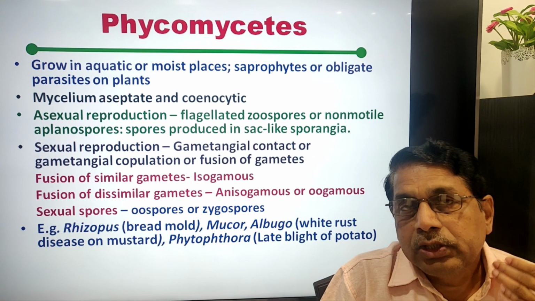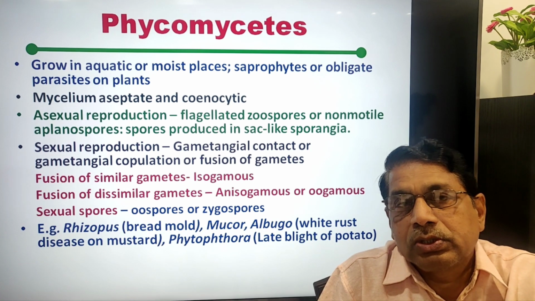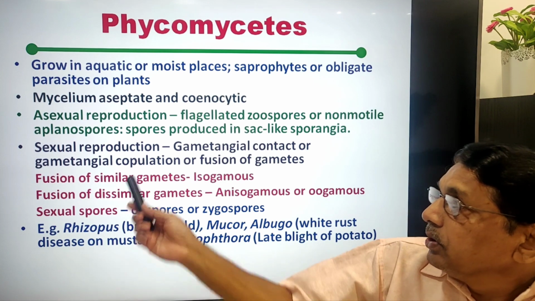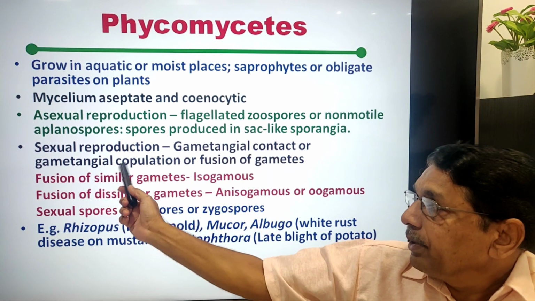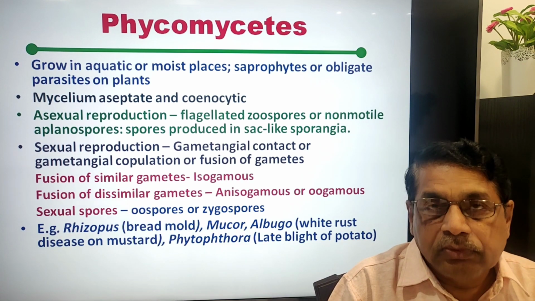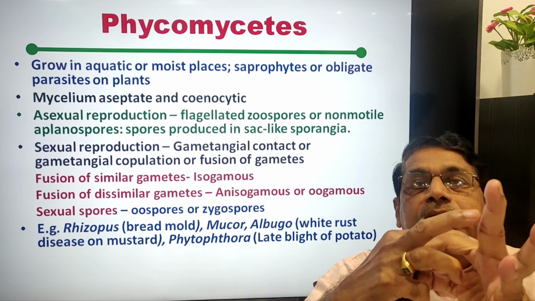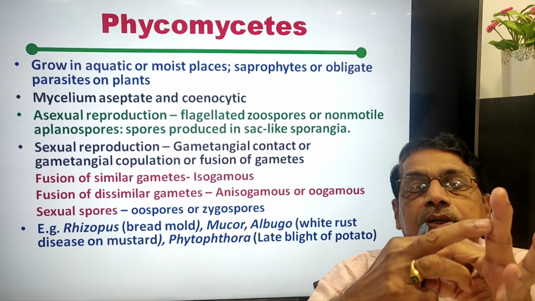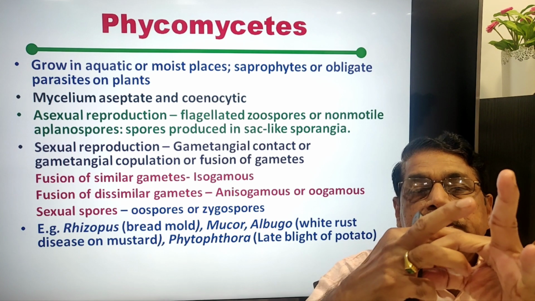For zoospores, zoosporangium. For aplanospores, simple sporangium. Sexual reproduction by gametangial contact or gametangial copulation. Contact, simply they come together. Copulation means they unite with each other.